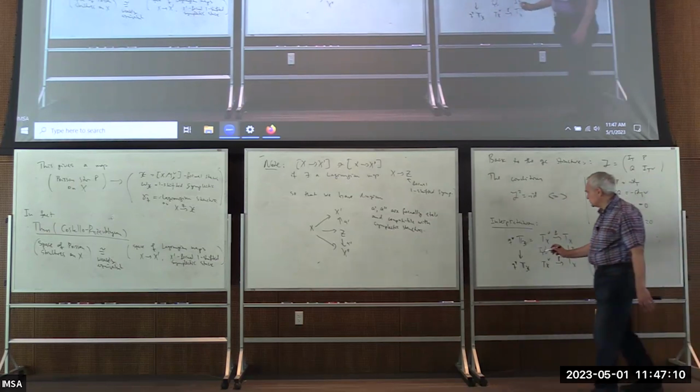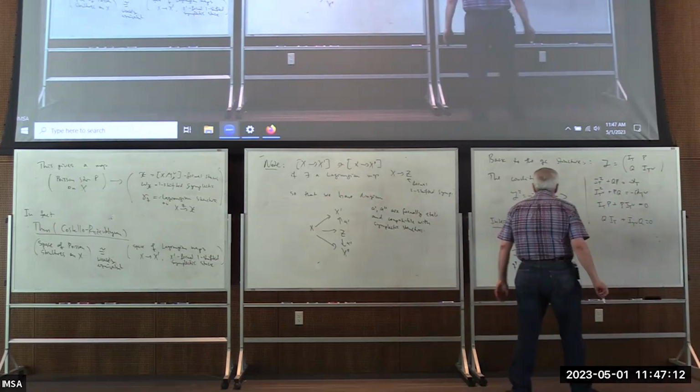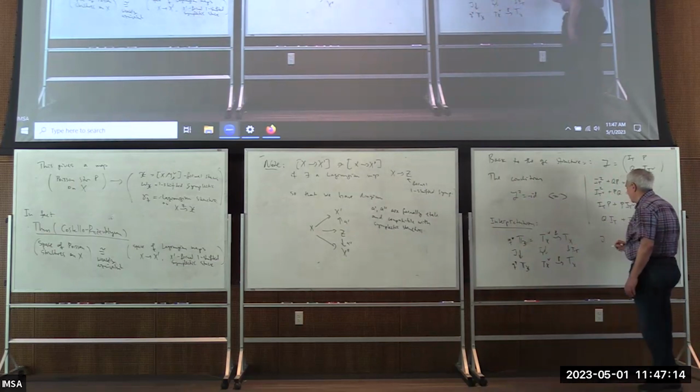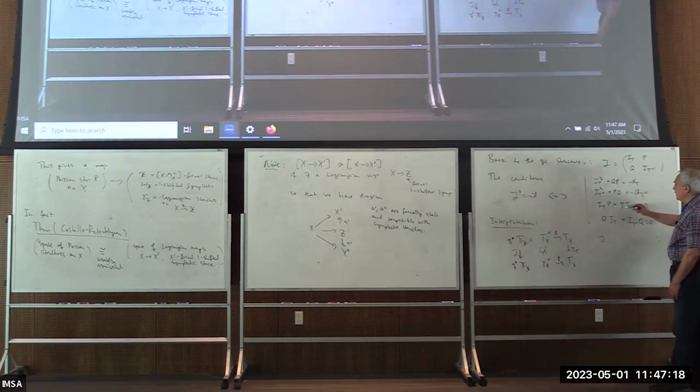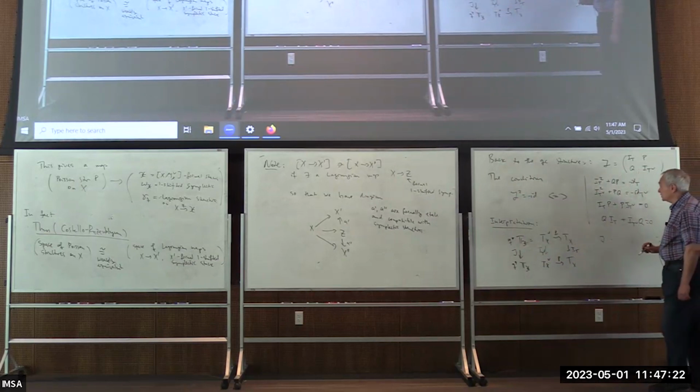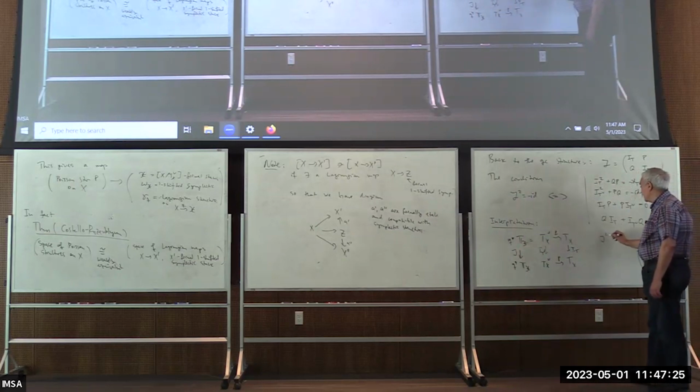Maybe I should call this straight J. So equation 3 says that J is a map of complexes, and equations 1 and 2 say that J squared is not quite equal to minus the identity, but it's homotopic to minus the identity.